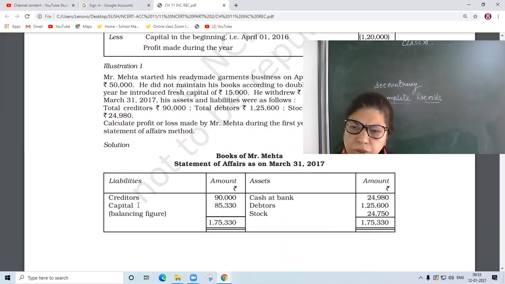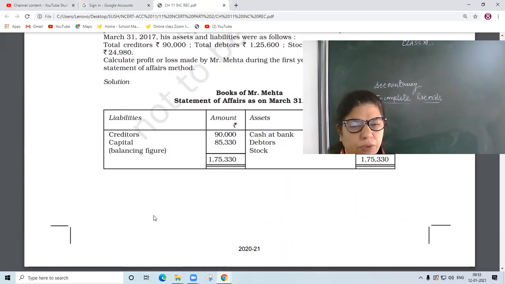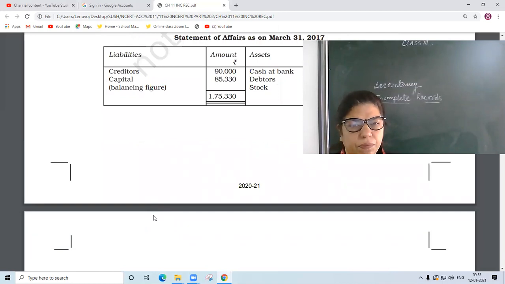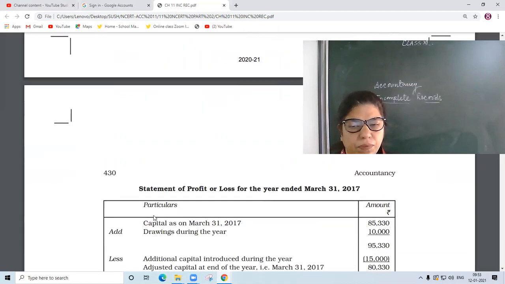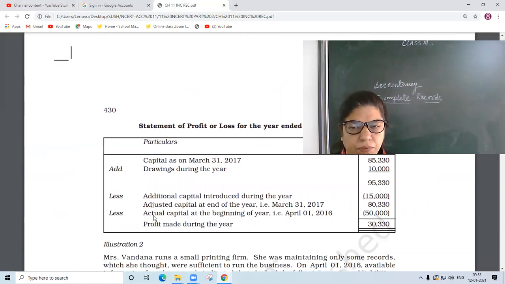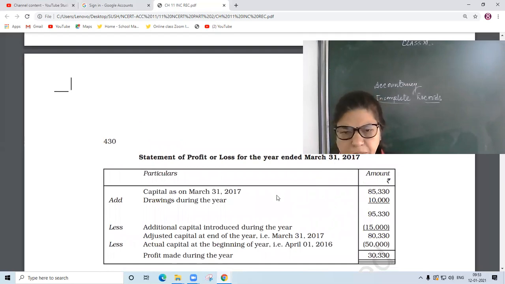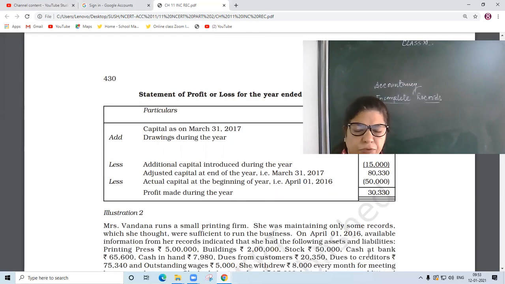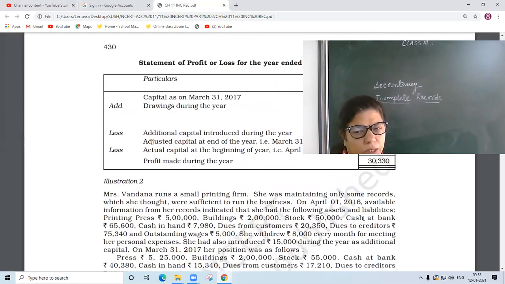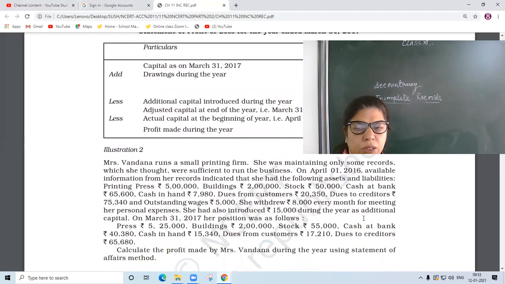Simple. Okay? Now see, statement of profit. Closing capital we calculated with the help of the statement of affairs. Drawings to be added. Then additional capital and opening capital to be subtracted. The balancing figure will be profits. Clear? Okay. Now we are moving towards the next question.